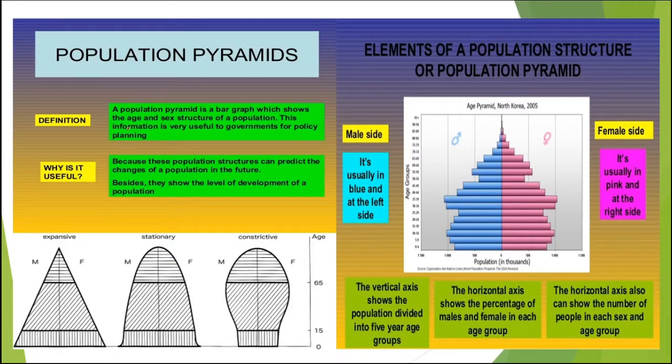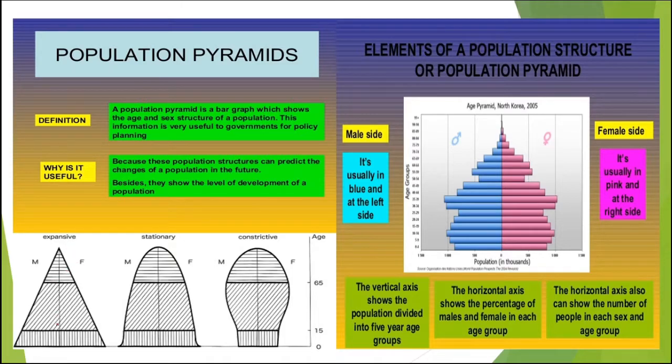According to the definition, a population pyramid is a bar graph which shows the age and sex structure of a population. This information is very useful for the government for policy planning, and it is important for predicting whether in future the population will be expanding or declining.